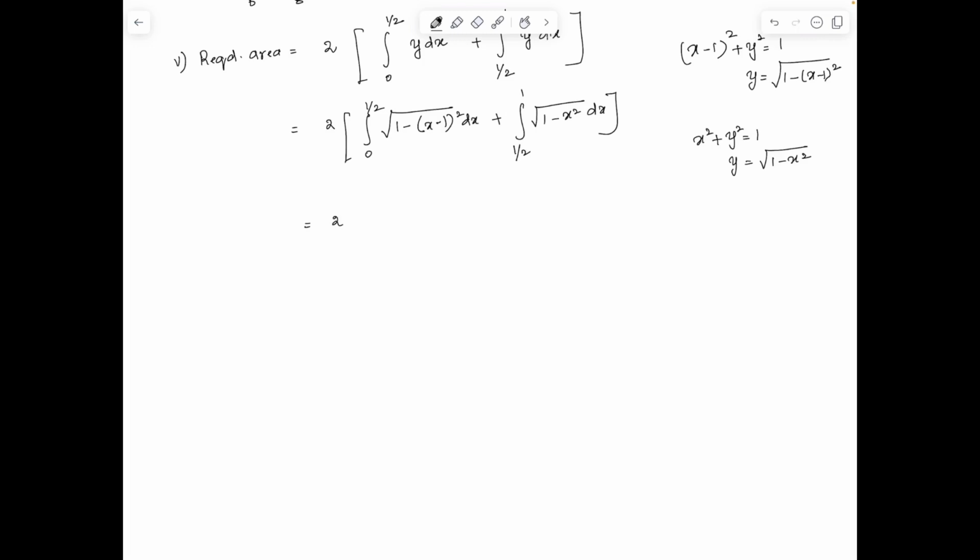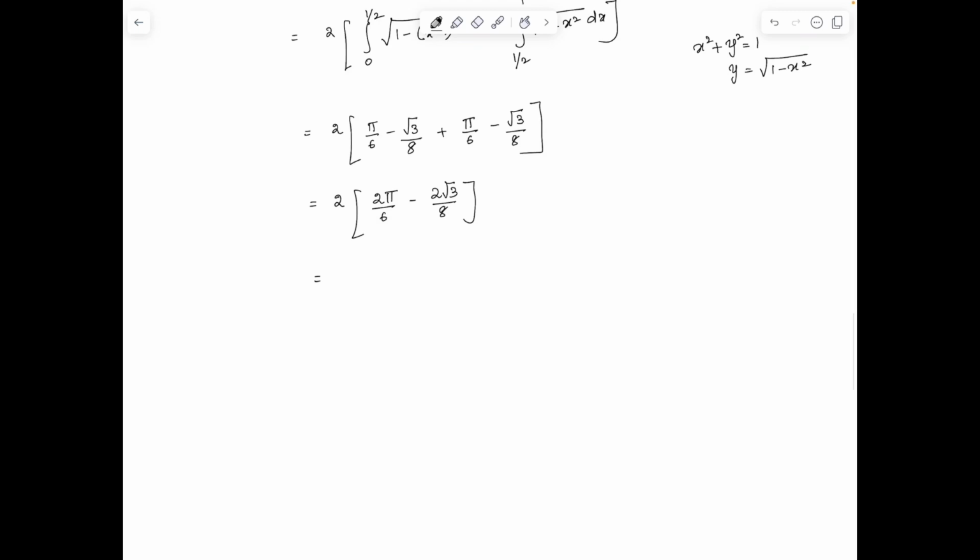So we can take the answer from there: twice pi by 6 minus root 3 by 8 plus pi by 6 minus root 3 by 8, which is twice 2 pi by 6 minus 2 times root 3 by 8, which gives us 2 times pi by 3 minus root 3 by 4.